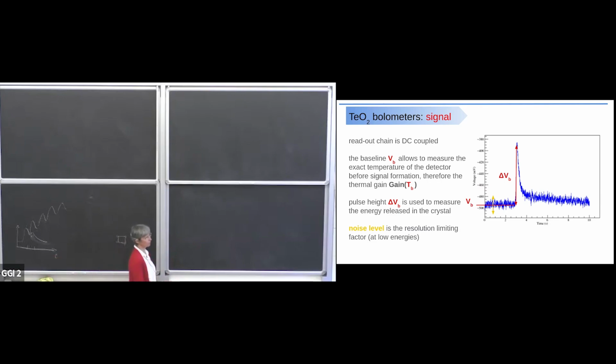The only point is that we have to be careful of changes in this gain due to temperature changes. Then you have the development of your pulse, and the pulse height is evaluated with an optimization of the information that you have, what is called the optimal filter. In any case, this voltage change provides the measurement of the energy.